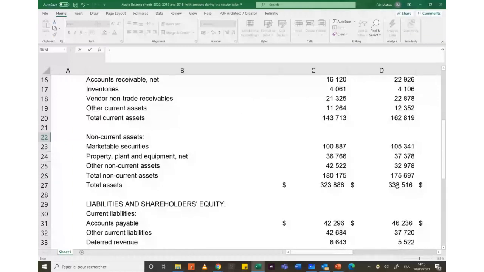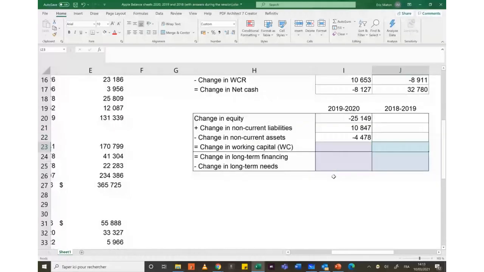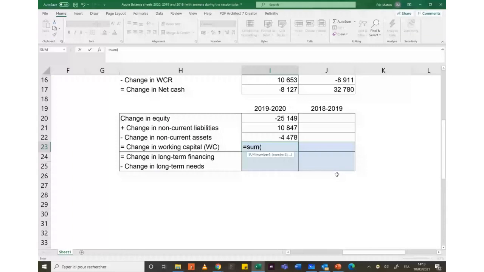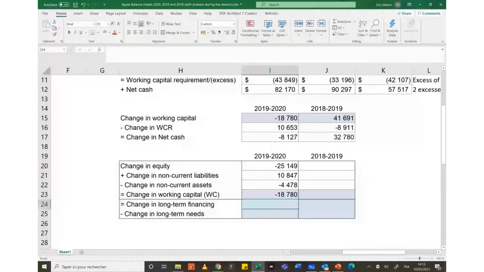So we increase the non-current assets. And at the end, we explain why we decrease the working capital by 18,780. It's because of the huge decrease in equity, and we need to increase the capacities, but we don't have the financing of the increase in capacities in front of this. So we have a huge decrease in working capital.